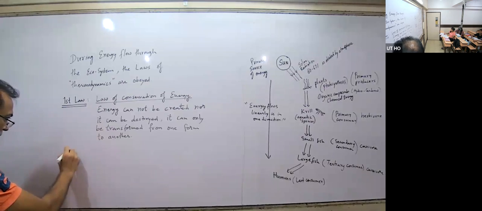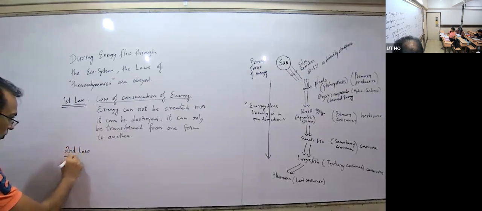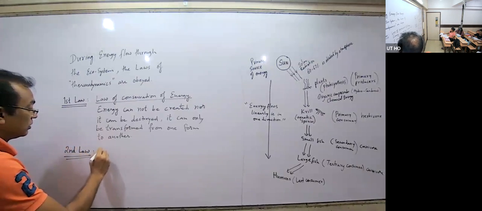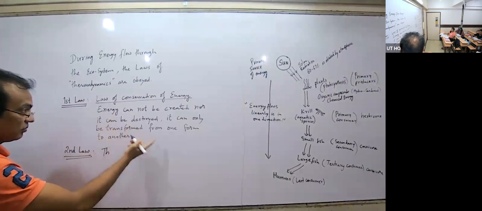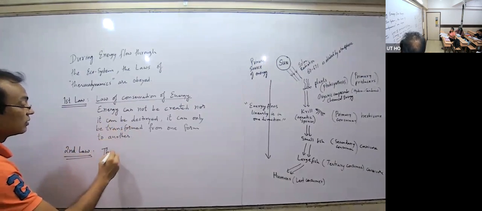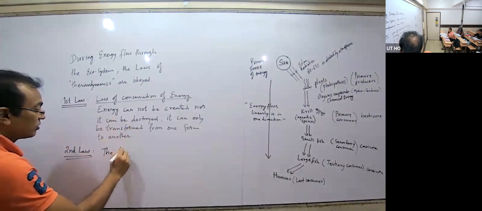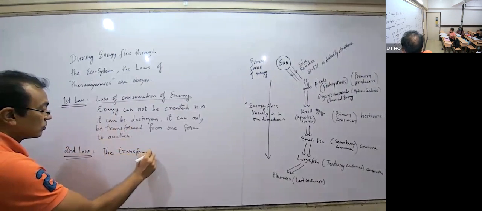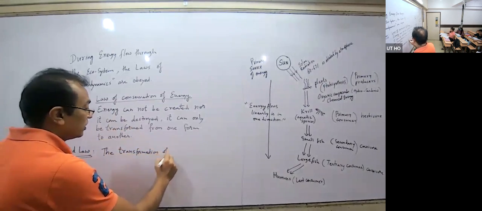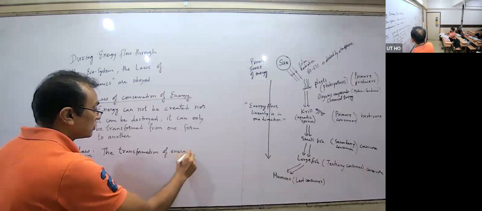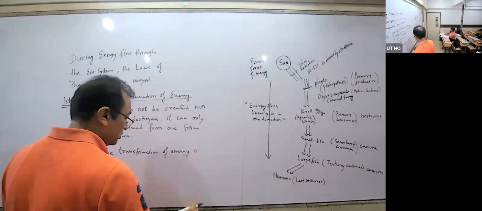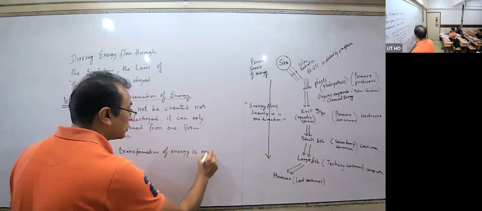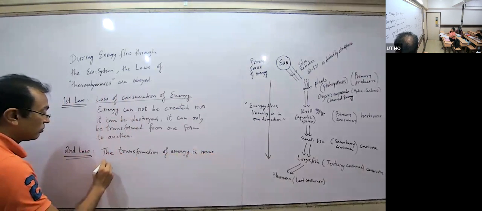What is the second law? Here we say energy can be transformed from one form to another. The transformation of energy is never 100% efficient.